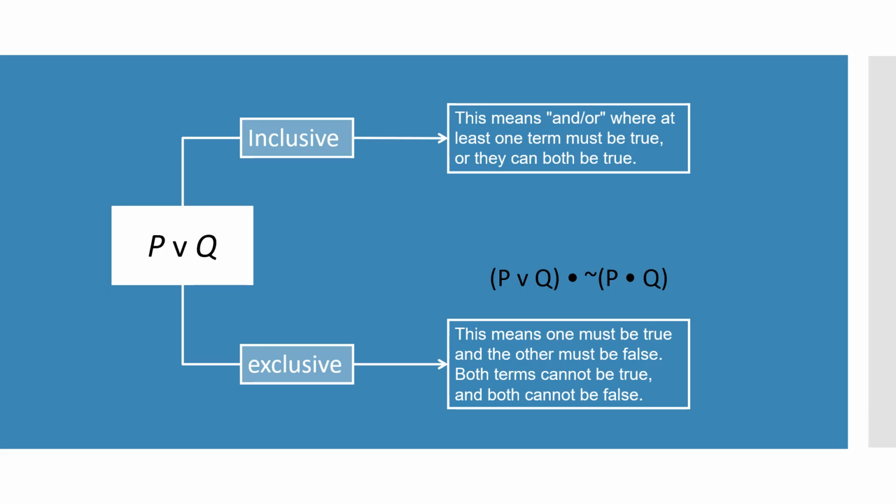And remember, an inclusive proposition essentially is saying it is and/or, like the battery and starter situation, which says it's either the battery or the starter, but it's quite plausible to think that it might be both of them. Whereas an exclusive proposition says it is either one or the other, but they can't both be true and they couldn't both be false.